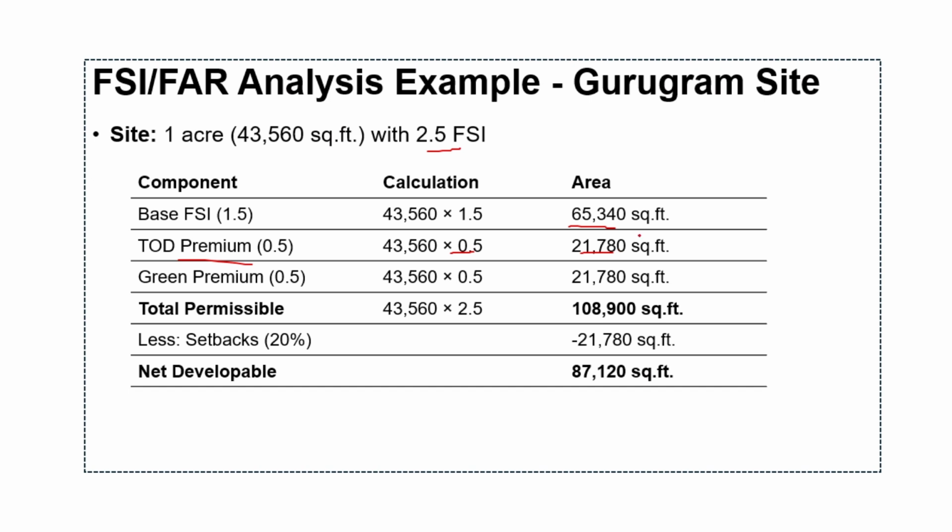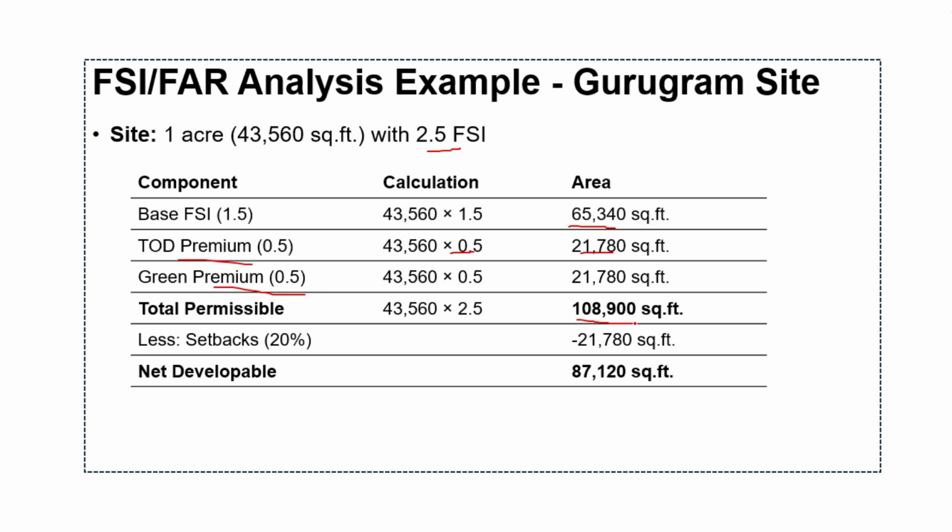Then we have a green premium of 0.5 FSI, which provides another 21,780 square feet for meeting environmental sustainability requirements, such as LEED certification or green building requirements. So these bonus incentives reward sustainable development practices. So the total permissible FSI is 2.5, which allows 1,08,900 square feet.